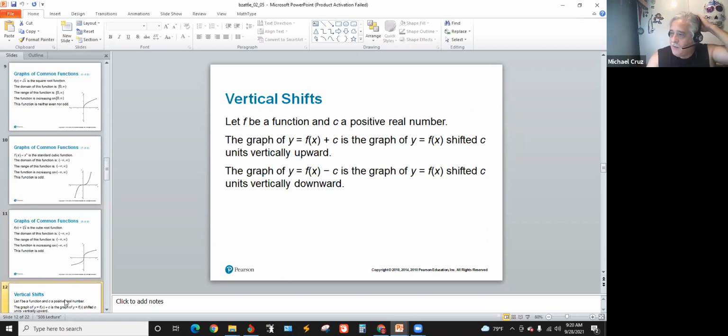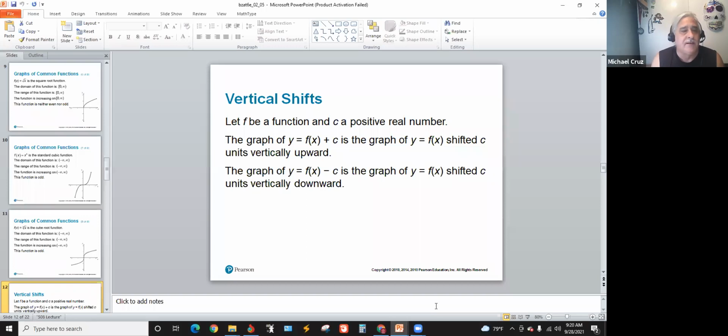All right, so let's talk about vertical shifts. Now this is just a general rule that applies to any function, especially the ones that we're just looking at, those 6.